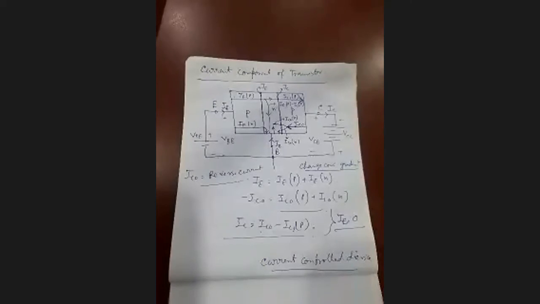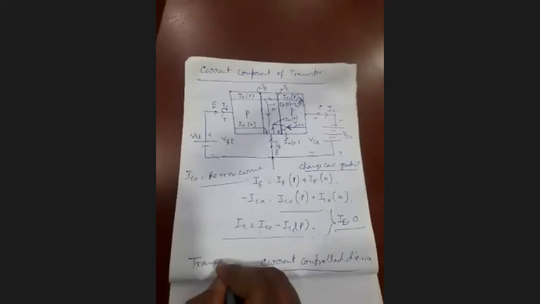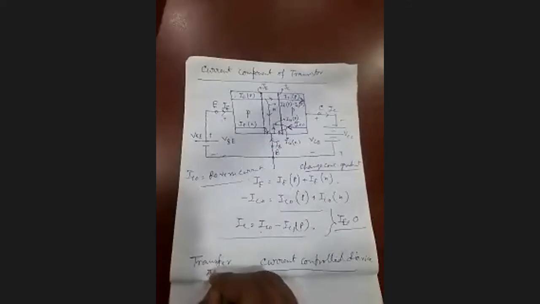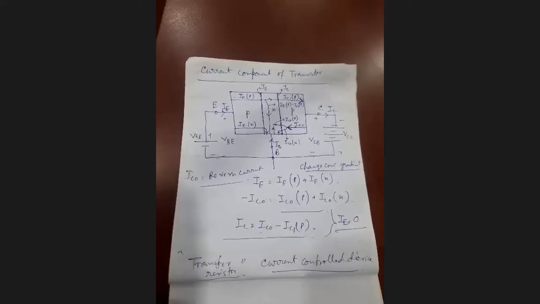So it is considered a transfer resistor. The transistor is also considered a transfer resistor. The input is in a low impedance state and the output is in a high impedance state. So for that purpose we consider the transfer resistor. The transistor is also called a transfer resistor circuit.